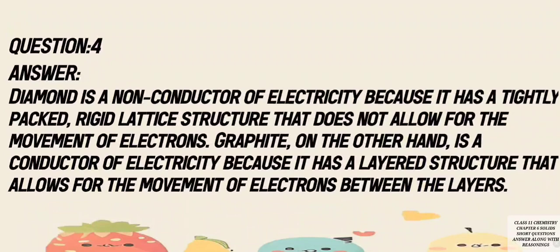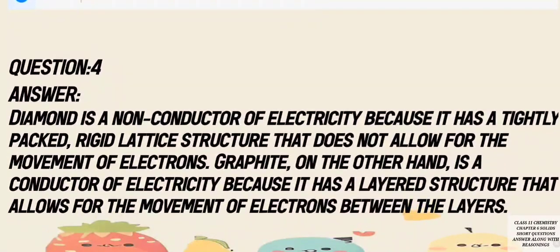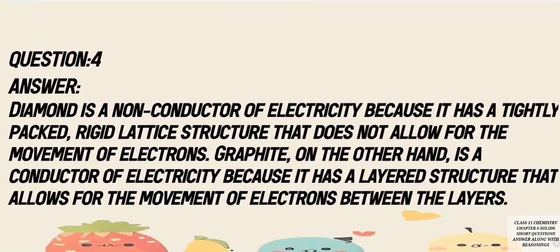Now we have question number 4, which is: explain why diamond is a non-conductor of electricity and graphite is a conductor. It is a reasoning question, so we are going to discuss it right now.